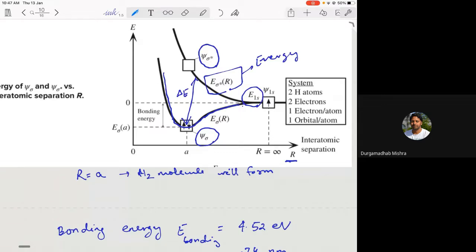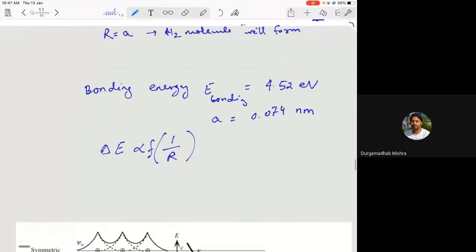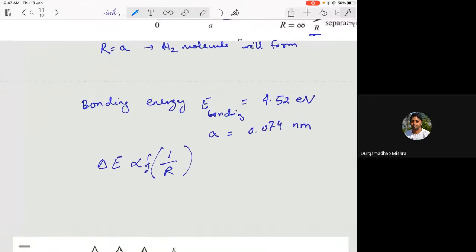So there is an equilibrium separation where the electron repulsion as well as the proton repulsion is overcome by the Coulombic attraction of one electron with the second proton, and the second electron with the first proton. Okay, so this is the equilibrium separation condition when you will have the formation of the molecule. Is it clear or any question here?